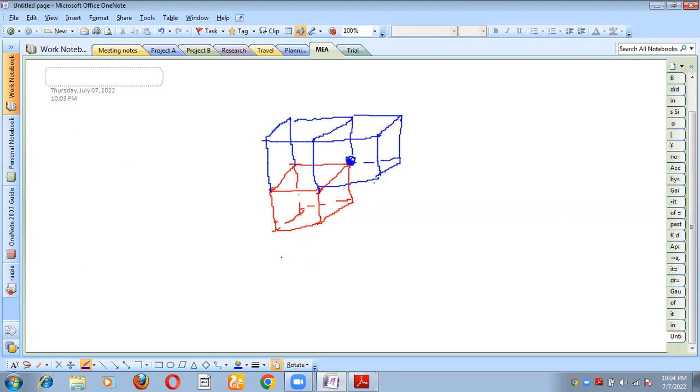Again, it will not be symmetric. This portion is empty, so here we should also take a cube. In a similar way, now we have 4 cubes on the front side, so we should also have 4 cubes on the back side.